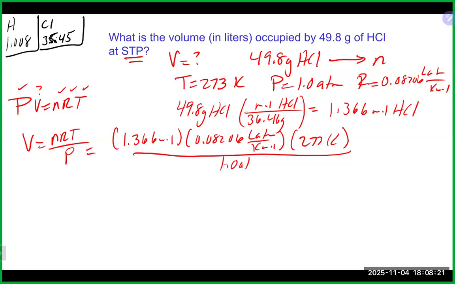There it is. Atmospheres will cancel, Kelvin will cancel, moles will cancel. Going to leave us liters as our answer, and we will end up with about 30.6 liters in this particular case.